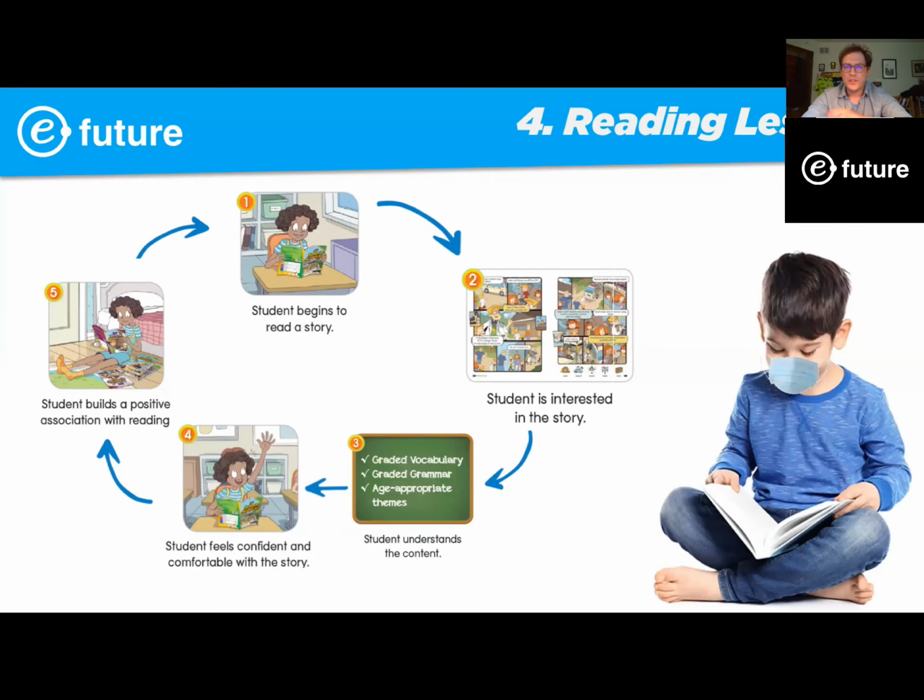So when you look at the reading cycle, okay, your student begins to read. Right away, they're going to be interested in the story or not interested. Then they're going to understand the story or not. It's going to be too difficult or too easy or perfect. And if they understand it and are interested, then you're going to get these confident, comfortable students in class.